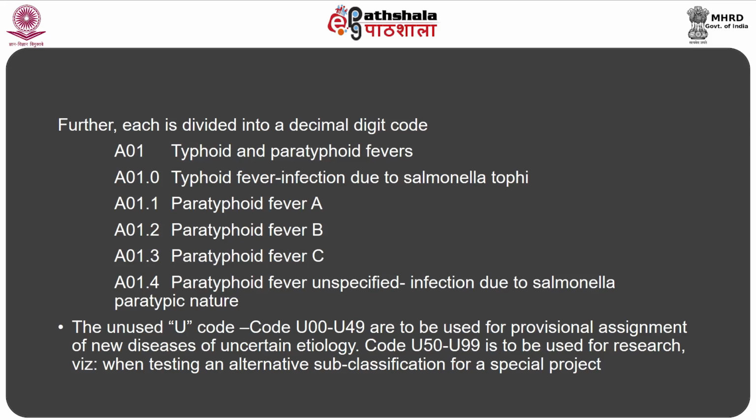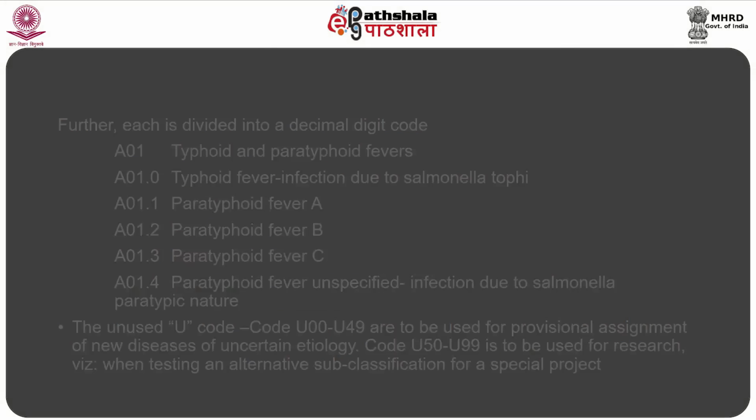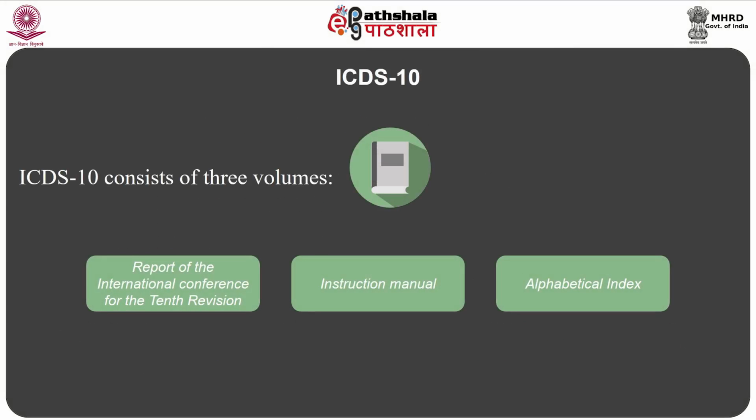The unused U codes. U00-U49 are to be used for provisional assignment of new diseases of uncertain categories. Code U50-U99 is to be used for research, namely when testing an alternative subclassification for a specific project. ICD-10 consists of 3 volumes.